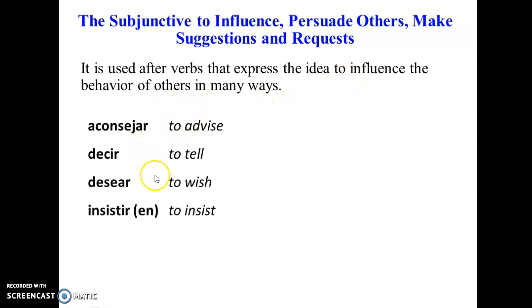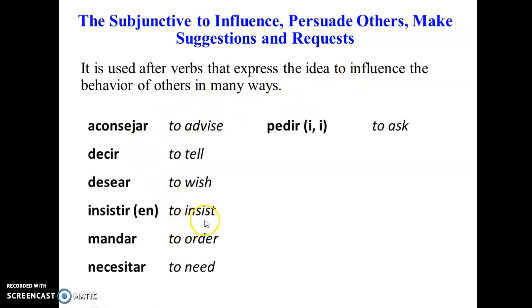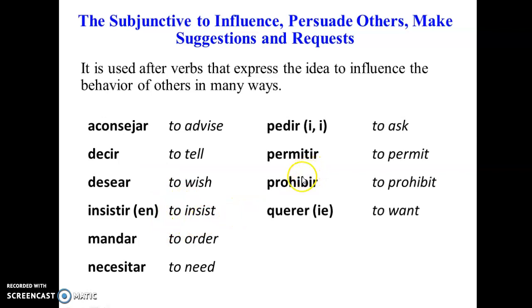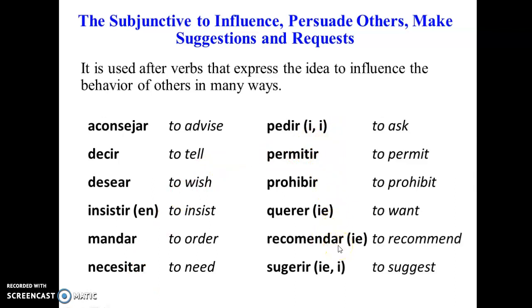These are some verbs that are common to use with influence or persuading others: aconsejar, decir, desear, insistir, mandar, necesitar, pedir, permitir, prohibir, querer, recomendar, and the last one, sugerir. And also esperar.